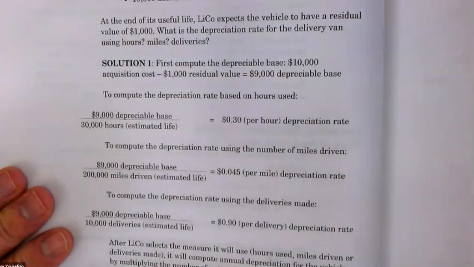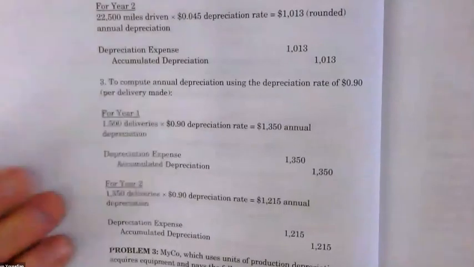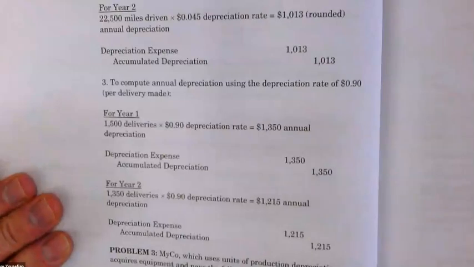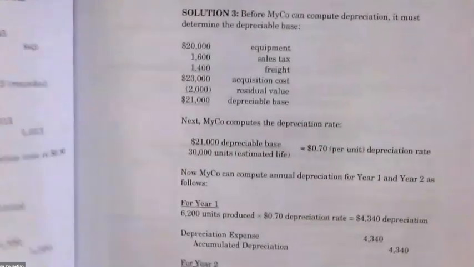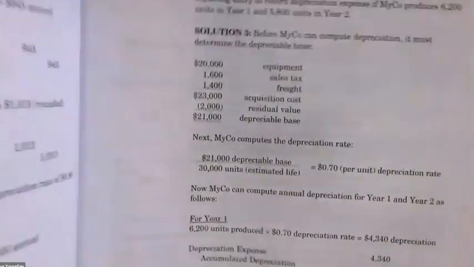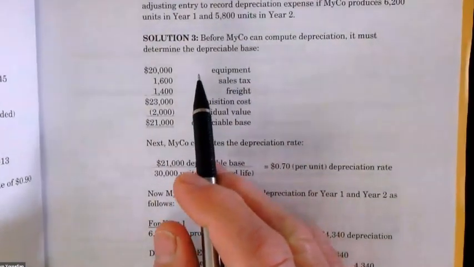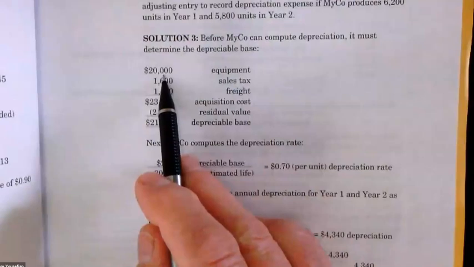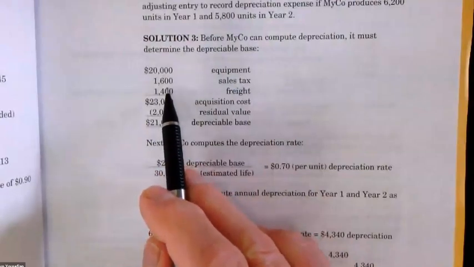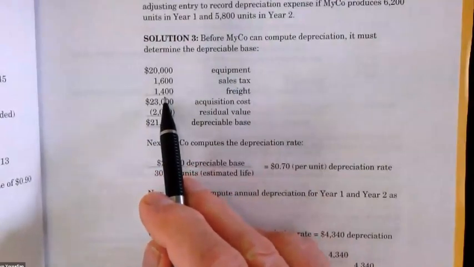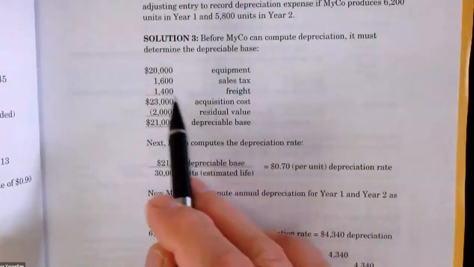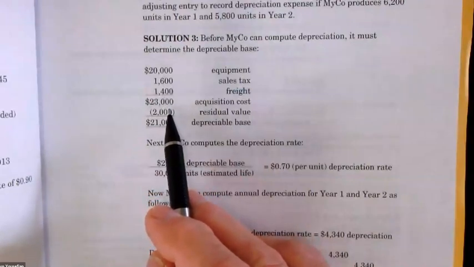Any question? So let's look at this problem. It says on page 63 we have equipment, but we paid sales tax and shipping, and total acquisition cost ends up to be $23,000.